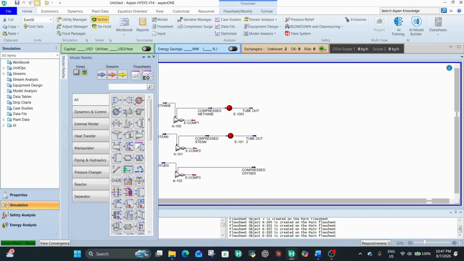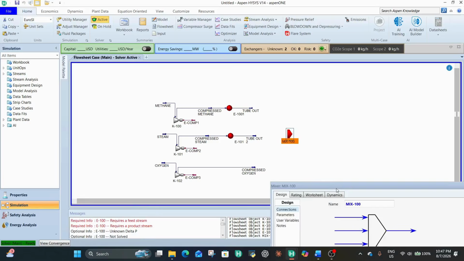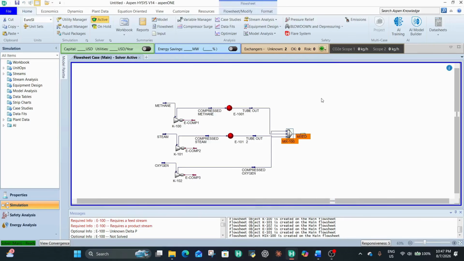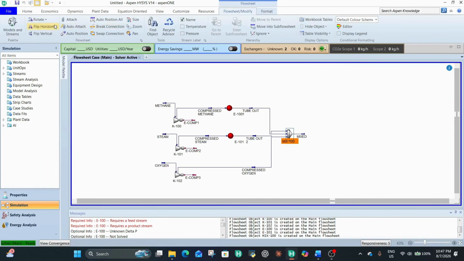And then as the mission requires, we're going to mix the 3 streams. Compressed oxygen. I think I rushed that, but we're going to fix it. I'm going to call this mixed. Let's just go.